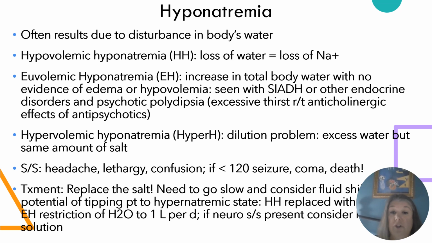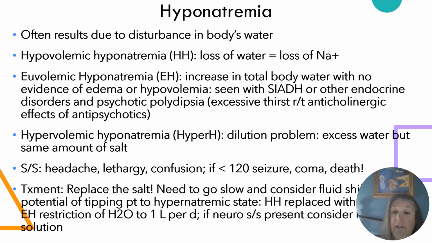Let's see. So don't forget when we are talking about things that affect fluid balance in the body, diuretics play a role in that. A lot of patients are going to be on diuretics, especially in med surg, right?